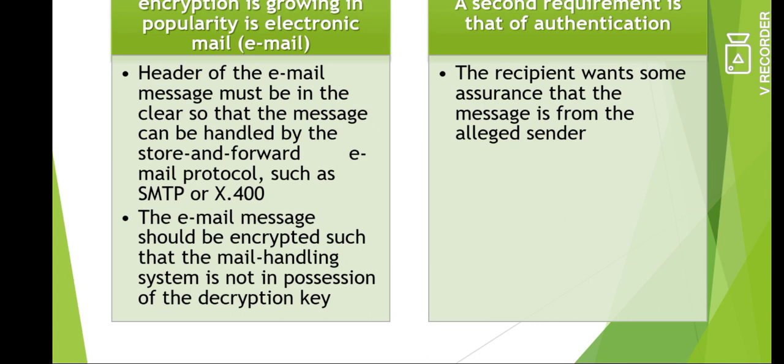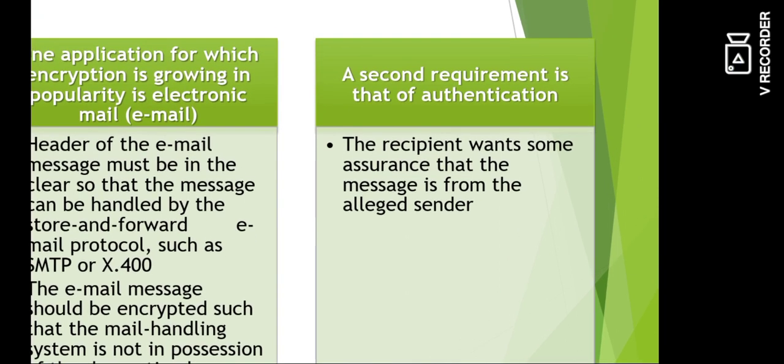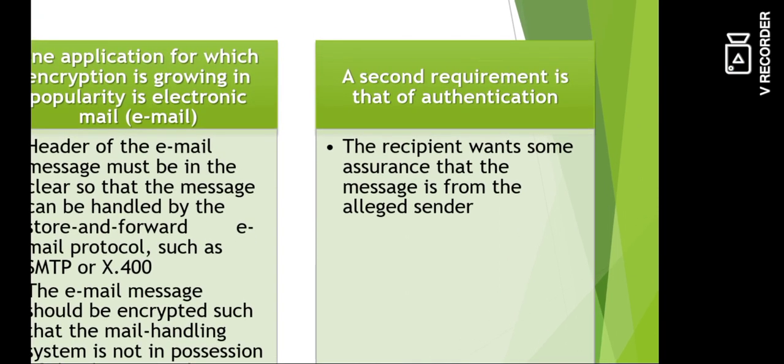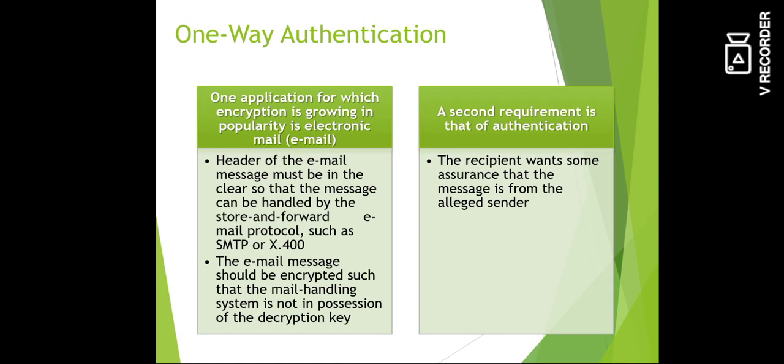The example protocols are SMTP or X.400. You can encrypt the email message, and a second requirement is authentication. The recipient wants some assurance that the message is coming from the correct sender, that is, from the authenticated person.